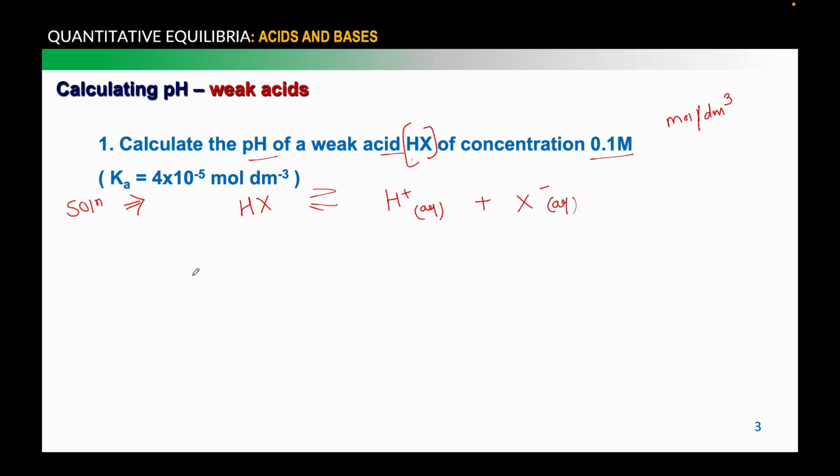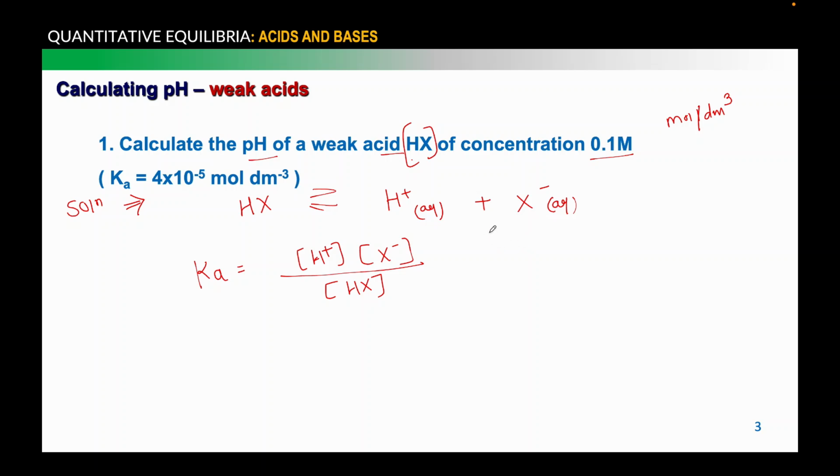So after applying law of mass action, you will get equation for dissociation constant, that is equilibrium constant. Ka is equal to product of concentration of products, H plus, X minus, and concentration of reactant.